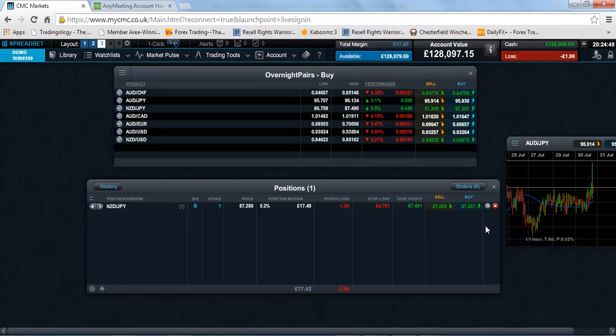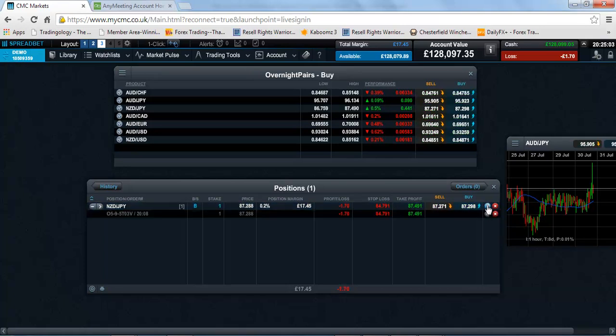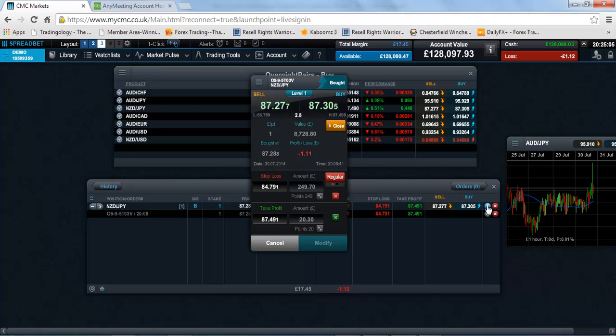And in order to do that, on the right hand side of your position, you will see a little white box. It's like a gear before the red cross. You just click on it and a little window will pop up and you just highlight your stop loss amount, and I can type in, let's say, £300.